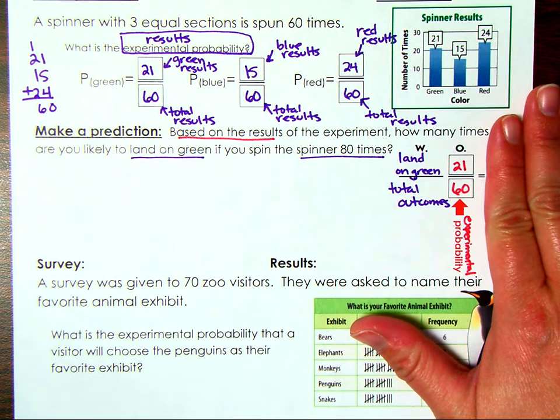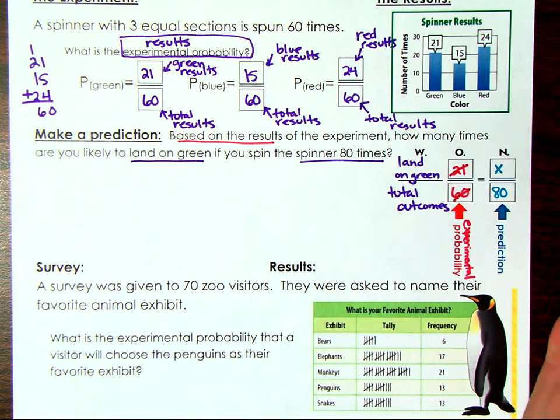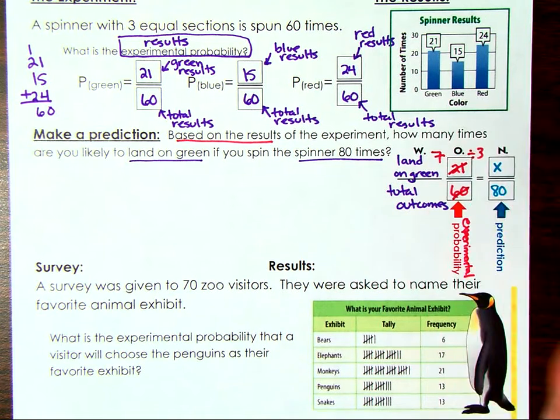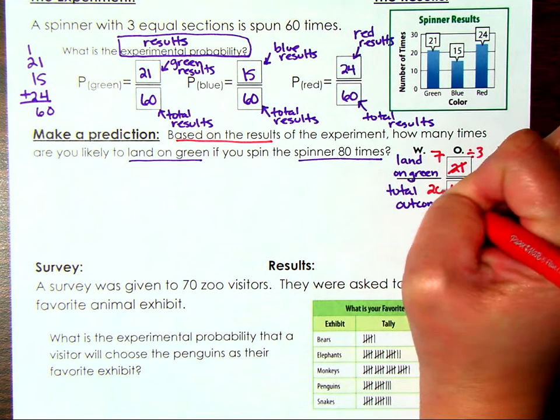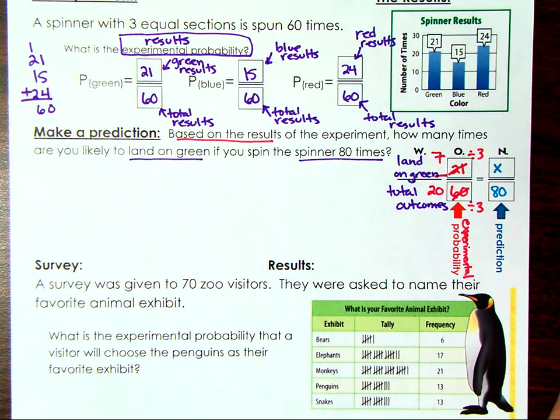So if we have 21 out of 60, we can say, well, 21 and 60 can both be divided by 3. So 21 divided by 3 is 7. 60 divided by 3 is 20. We're not changing the value of that fraction, but what we're doing is just rewriting it so that way we can have a little bit smaller numbers. So 7 out of 20 is equivalent to 21 out of 60.